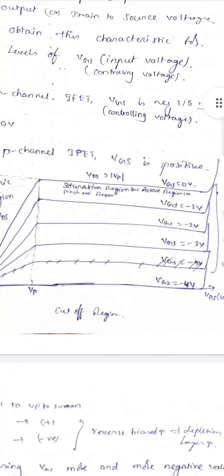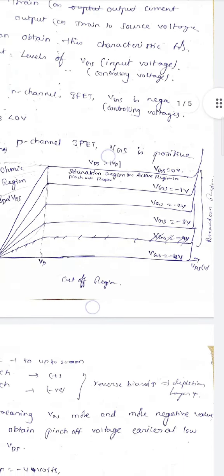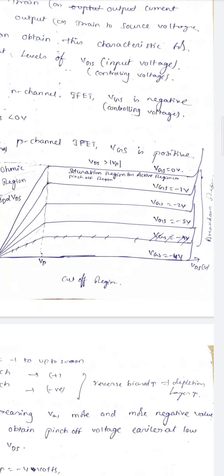So when we increase VDS more and more beyond the pinch-off voltage, there will be a breakdown in the device, and you will get infinite current.